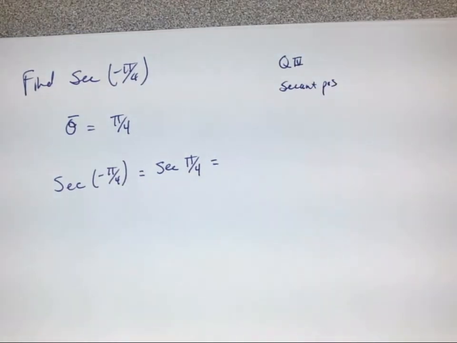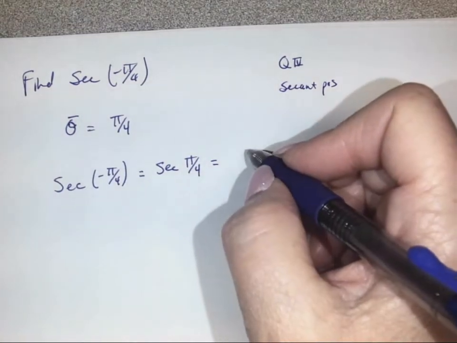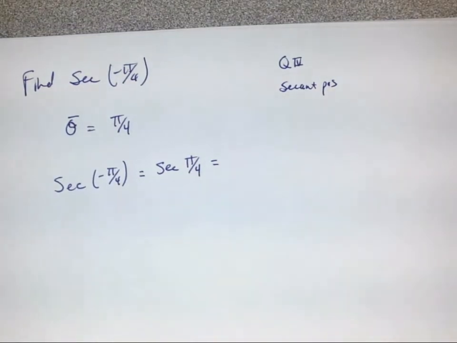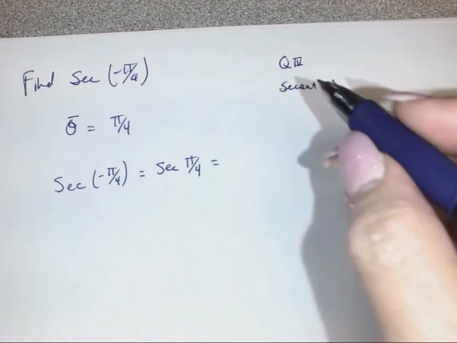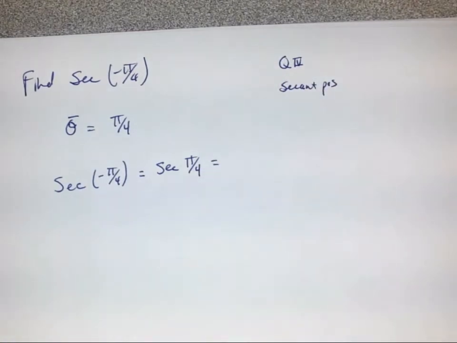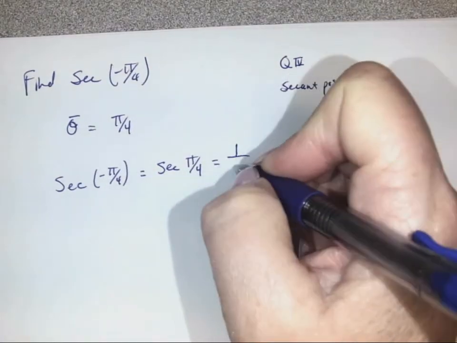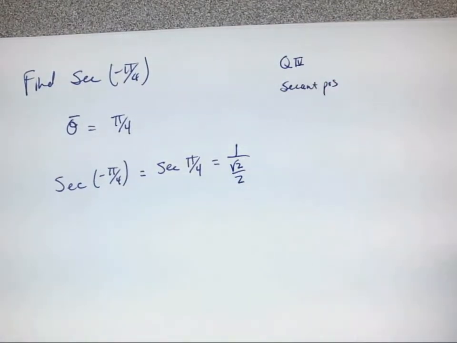And so it's going to be the reciprocal of our value for cosine. And for pi over 4, we know that our terminal point is square root of 2 over 2, square root of 2 over 2, but we only need the x value. So it'll be 1 over that square root of 2 over 2.